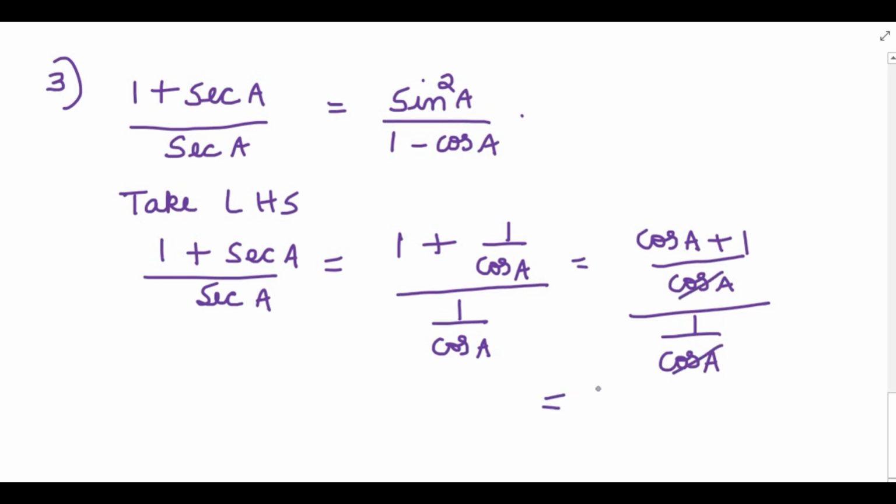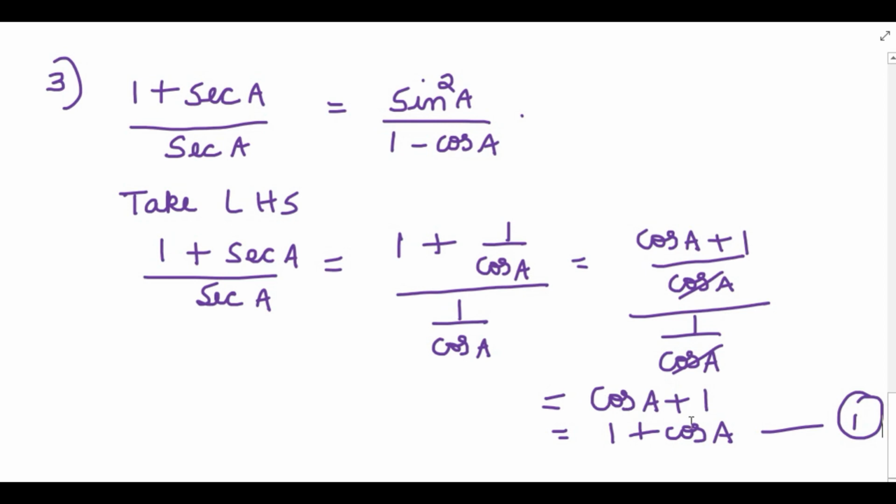So we have the left hand side equal to cos A plus 1, or the same thing I can write as 1 plus cos A. Both are same. So let this be equation number 1. So left hand side, when I simplified, I got 1 plus cos A.